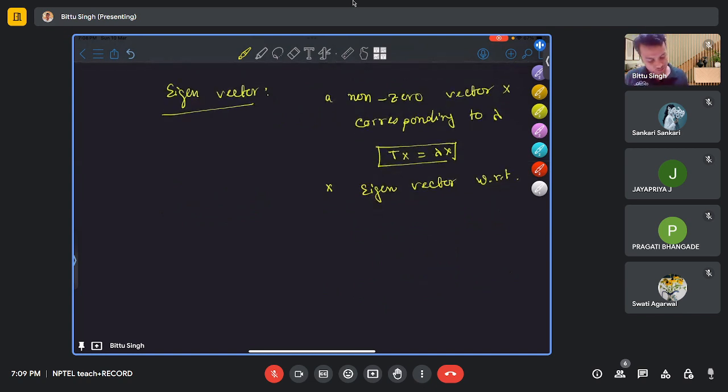So let us see an example, then it will be clearer. Consider T from R2 to R2.